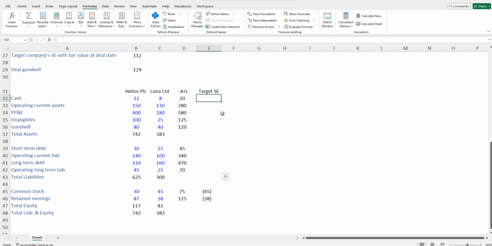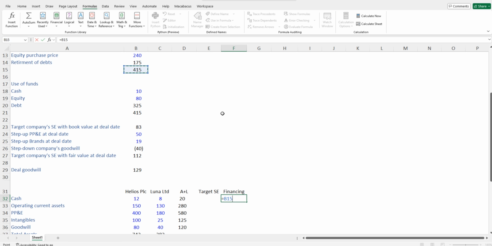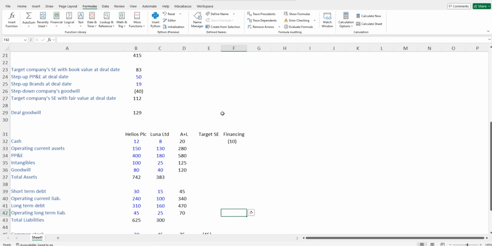Next is the financing activity. The company spent balance sheet cash of 10, so it's a cash outflow and I'll make it a negative. Then they're going to retire the short-term debt as well.